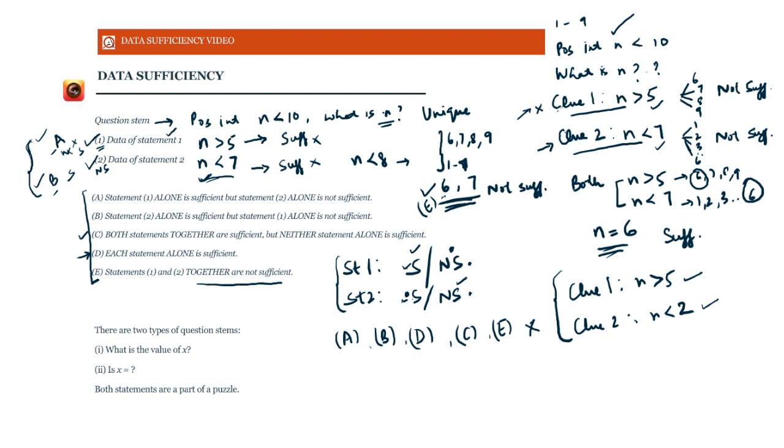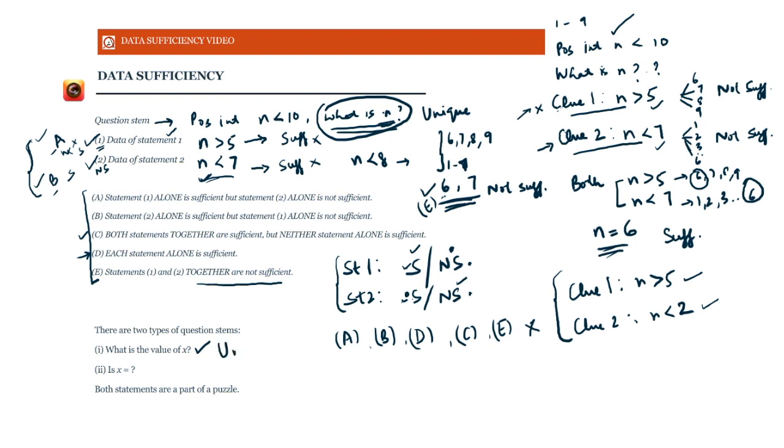All right. Now, there are 2 types of question stems that are possible. So here we said, what is N? This was our question stem. We were asking for a value of a certain unknown. So our one type is, what is the value of X? It can ask for the value of an unknown.